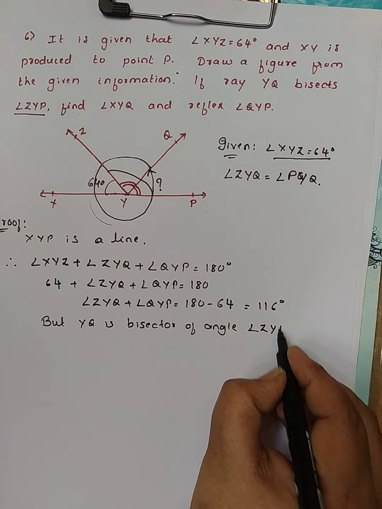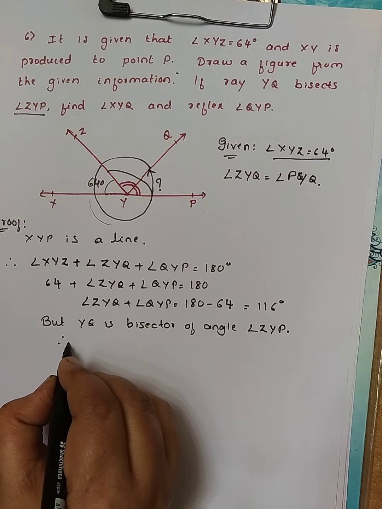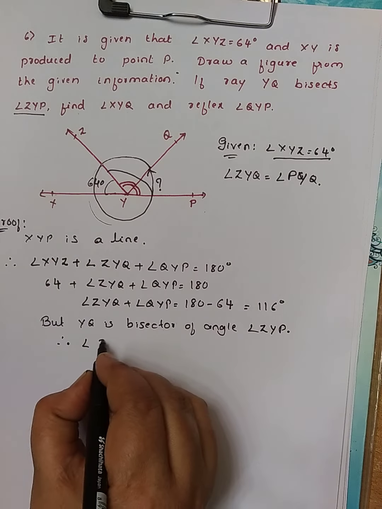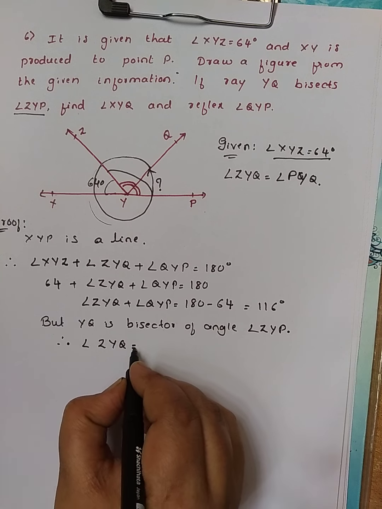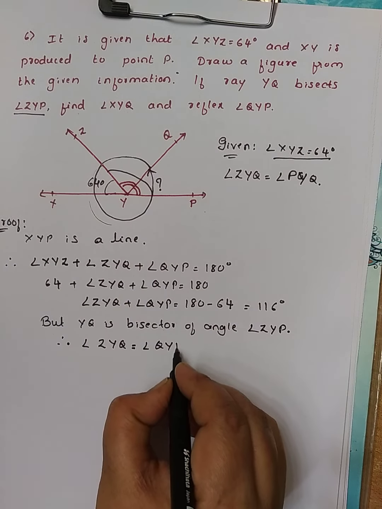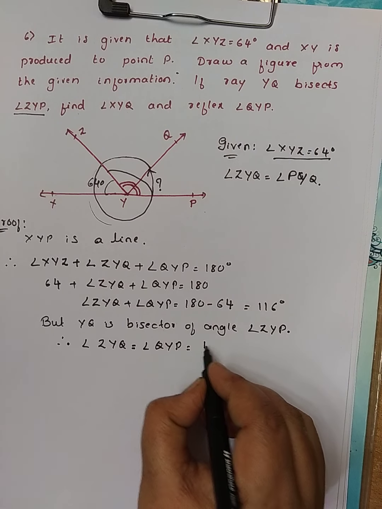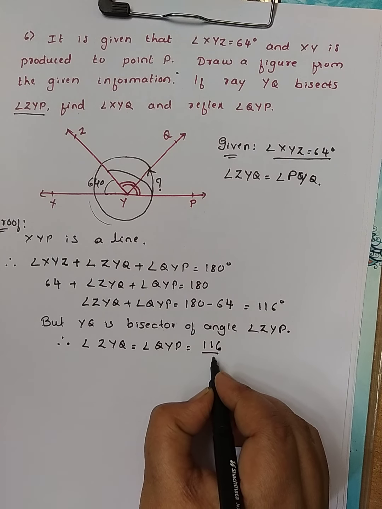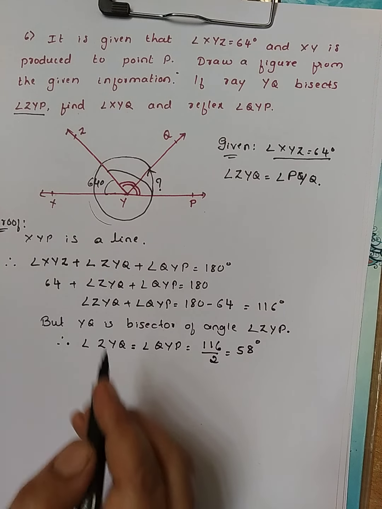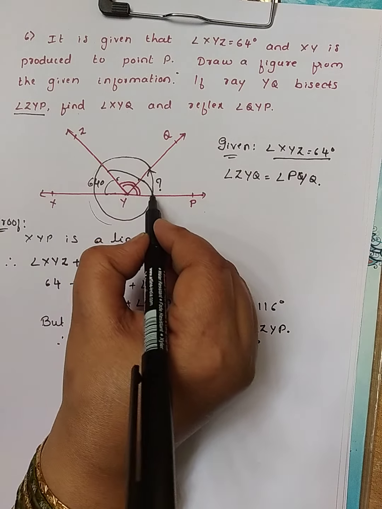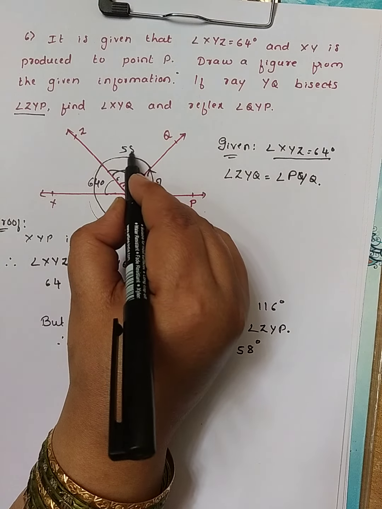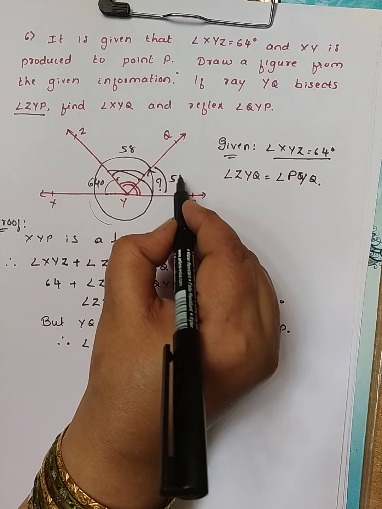Therefore, angle ZYQ equal to angle QYP. So 116 divided by 2, that is 58 degree. So the value of each angle is 58 degree. This angle is also 58 degree and this angle is also 58 degree.